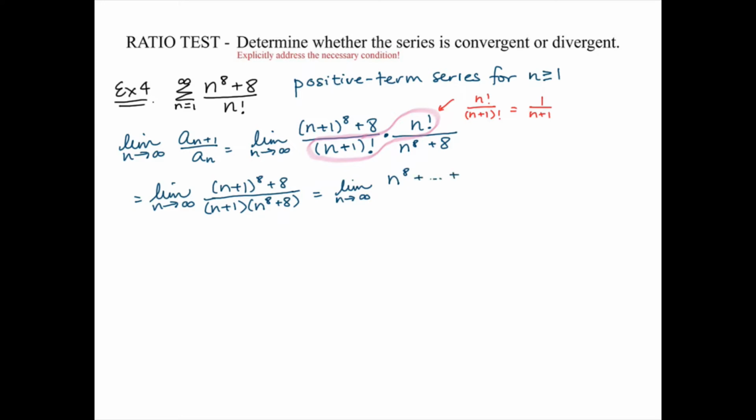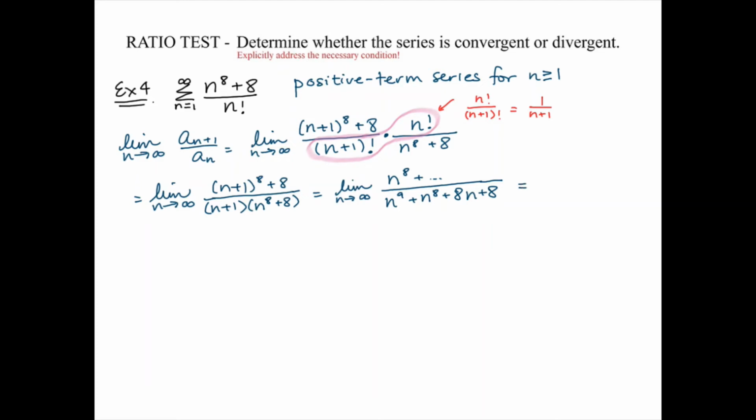And then if I multiply out the denominator, I'm going to get n to the ninth plus n to the eighth plus 8n plus 8. It doesn't really matter what all of the terms are after the leading term, because remember that the leading term will determine the value of this limit.